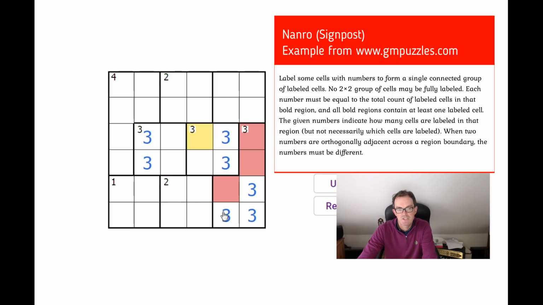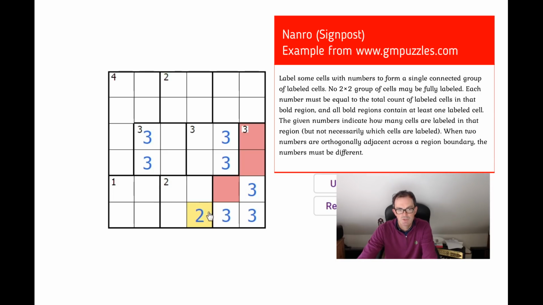And now we come to our second key condition, which is that all white cells must be orthogonally connected to one another. So if we made this square red, this little group here wouldn't be connected to their friends. So we know this square is definitely a number, and because it's in a 2 box, that number must be a 2.